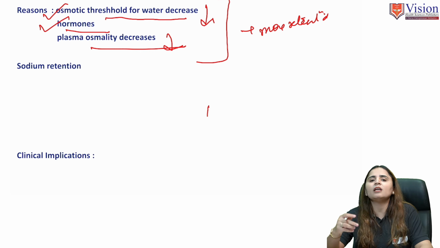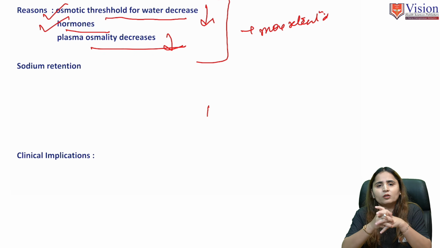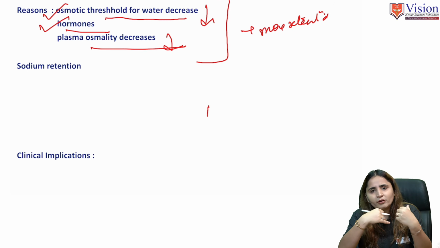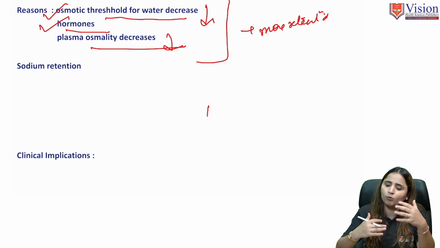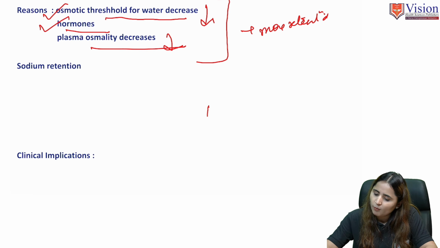It will lead to more intake of water. The female will feel more thirst and take more liquids, and when she takes more fluid, it leads to more retention of water.